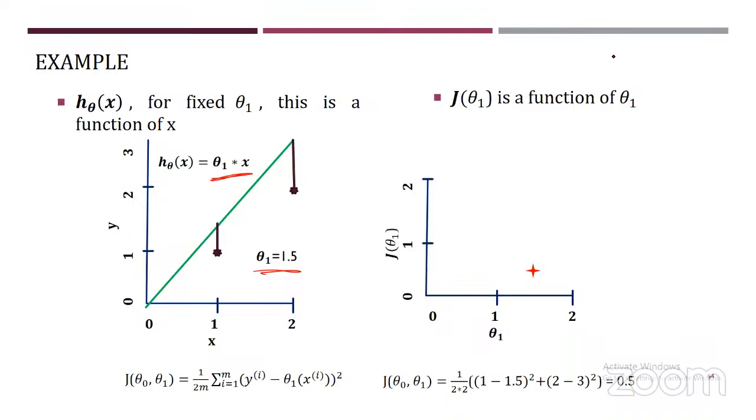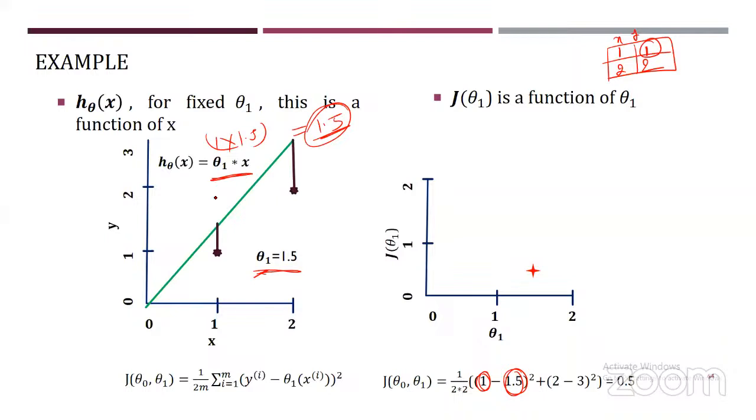For your x of 1, that means 1 into 1.5, so it's going to be 1.5. So actual is 1, and predicted you are getting 1.5. That is the first case.